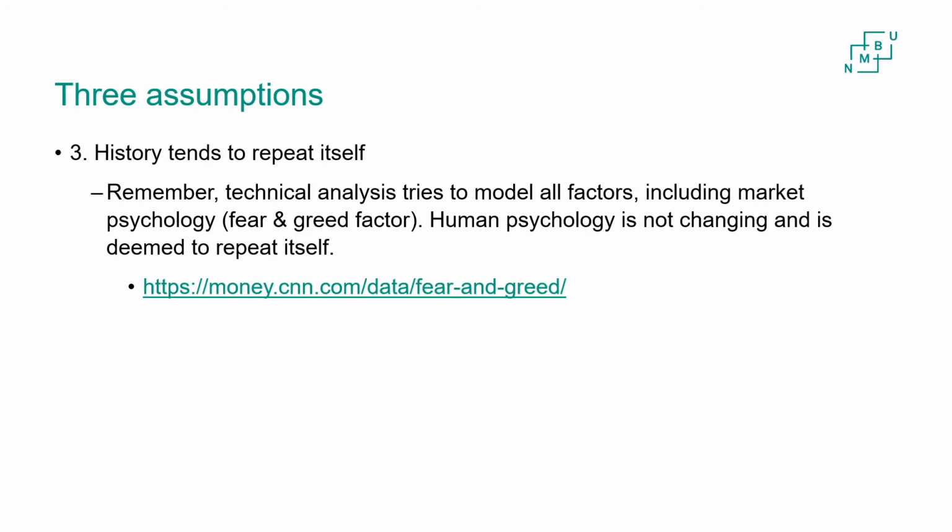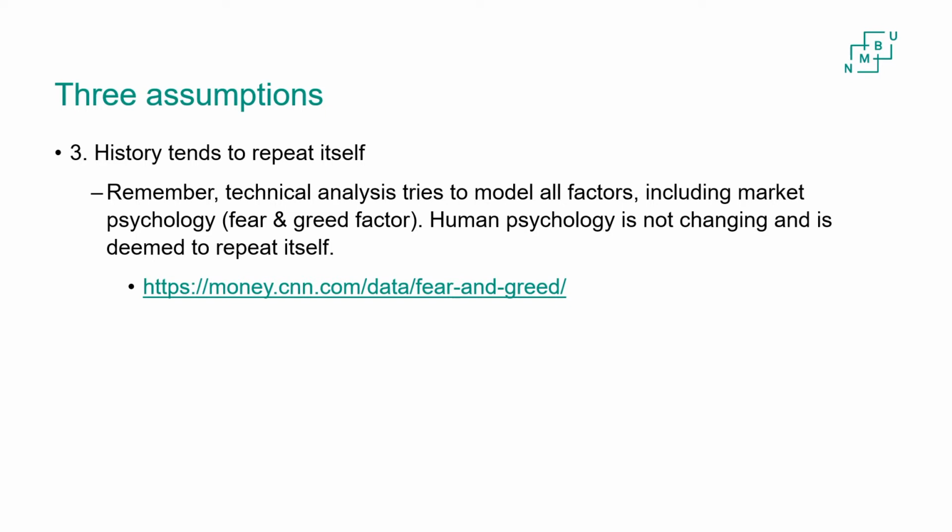So what we're saying is that history repeats itself. If it didn't, then we would just be guessing. And why does it repeat itself? Well, it does not have anything to do with innovation or any of the traditional economic factors, but human psychology.